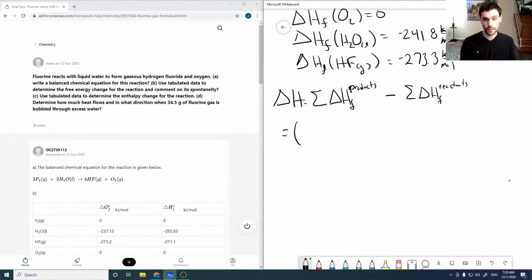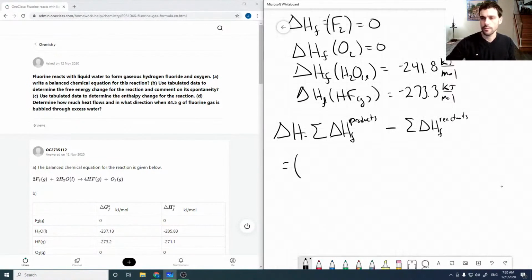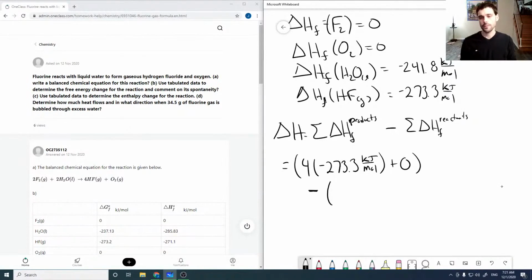And we've got a 4 on our HF, so that'll be 4 times minus 273.3 for HF, plus 0 for oxygen, and then minus our reactants.